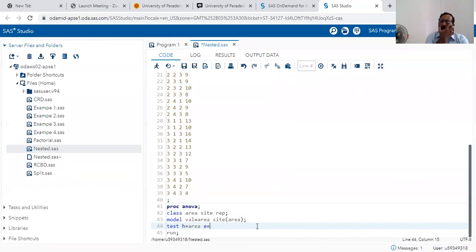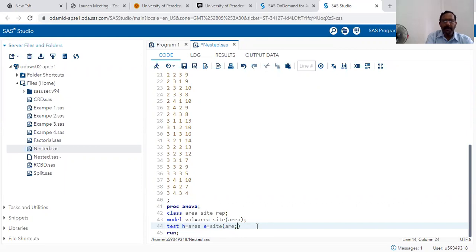What is the error term for testing area? Anyone? What is the error term to test the area? I have already mentioned this. Yes, site within the area.